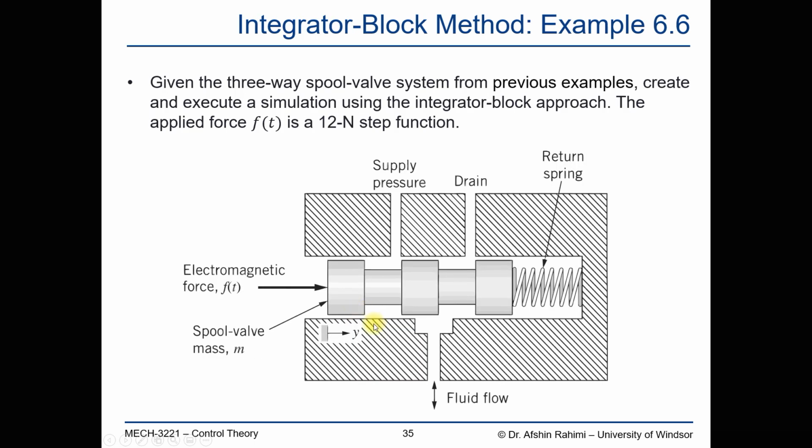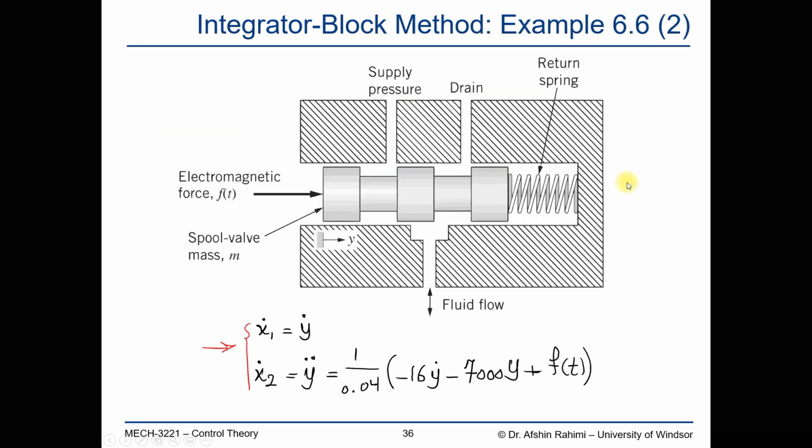So again, we go back to the same system, but this time we would like to use the integrator block approach to model this system. So we have our x1 dot and x2 dot as y dot and y double dot. So these will be our two differential equations.